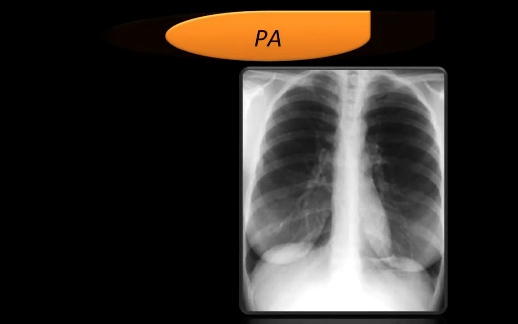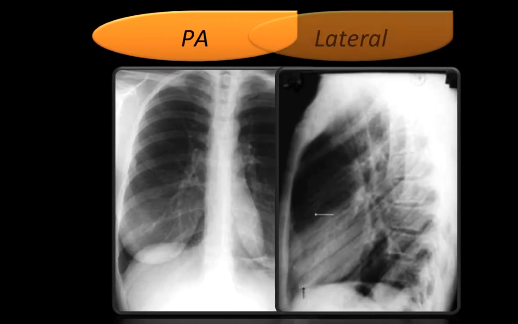Okay, what are the common views of the chest? Usually we advise chest X-ray PA view because it's quite easy, and almost always it gives us quite a lot of information.